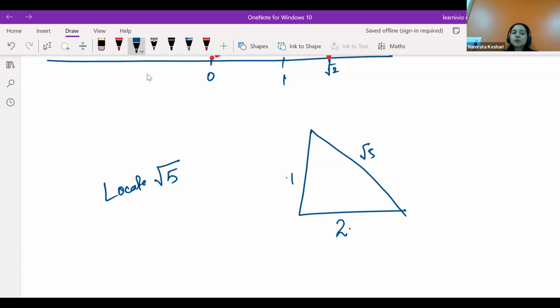Let's check whether it is possible or not. Please everyone check it. The hypotenuse MO, will it be root 5 if you take the perpendicular as 1 and the base as 2?